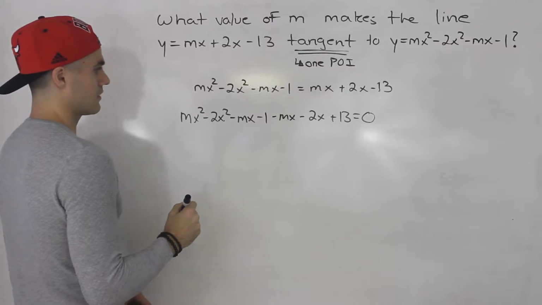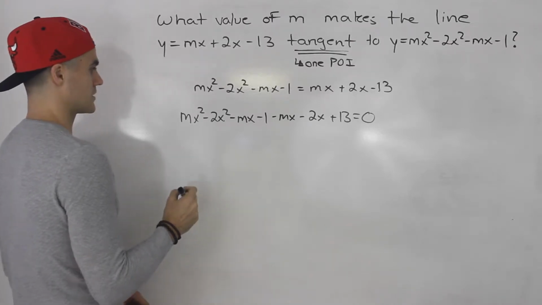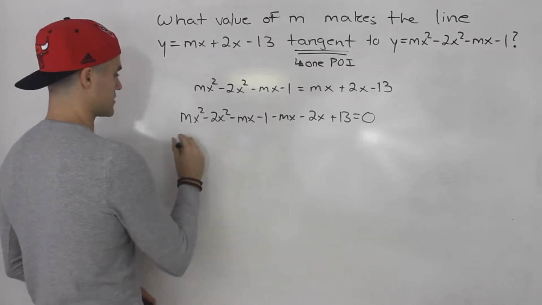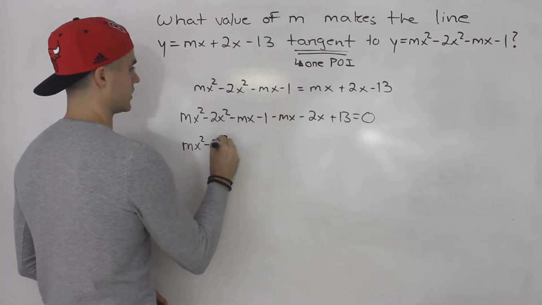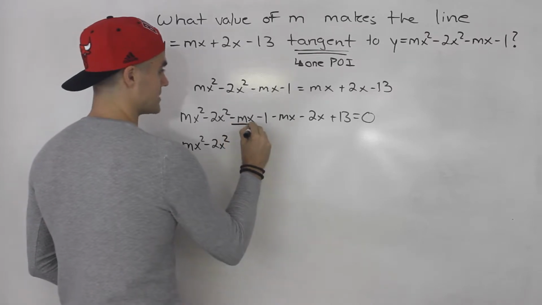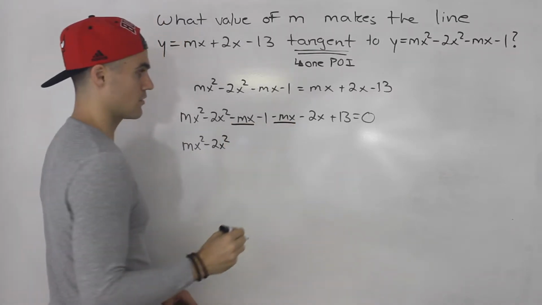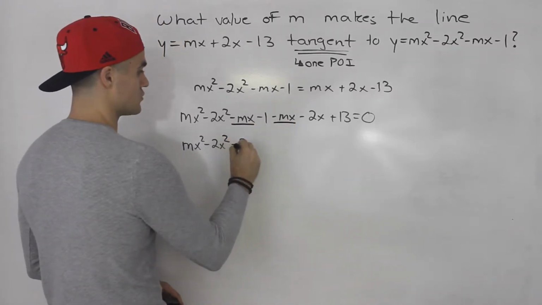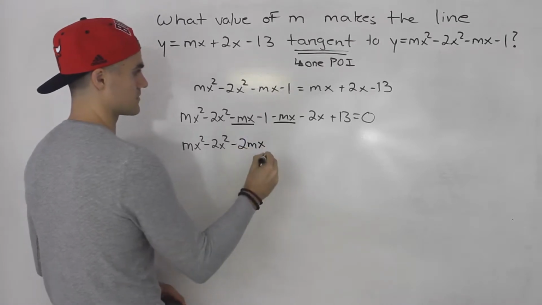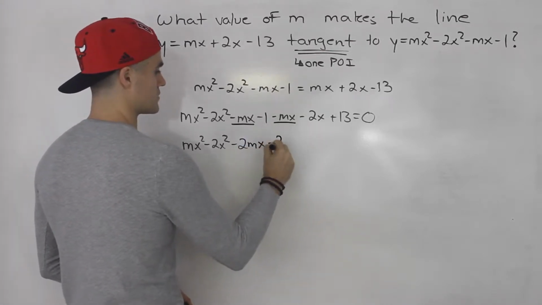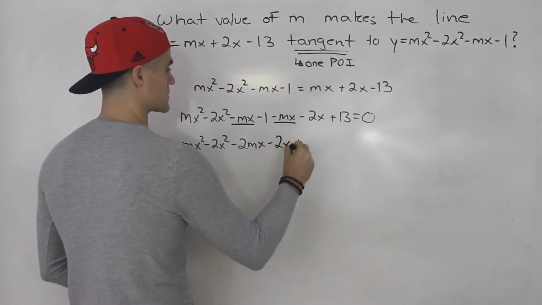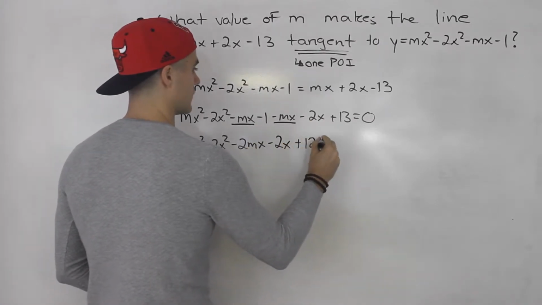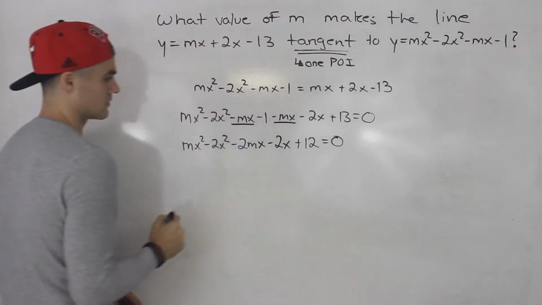Then from here, let's see if we could collect some like terms. So mx squared minus 2x squared, those are not really like terms. Minus mx, those actually simplify to minus 2mx. Then we'd have the minus 2x there. And then minus 1 plus 13, that gives us positive 12. And that's going to equal 0.